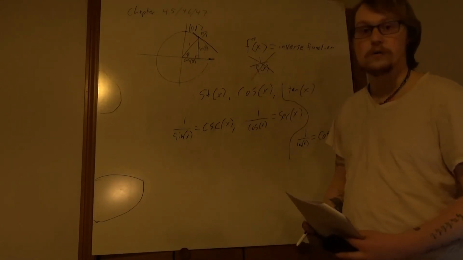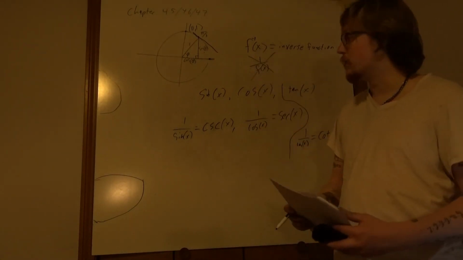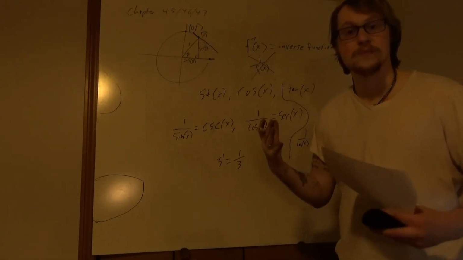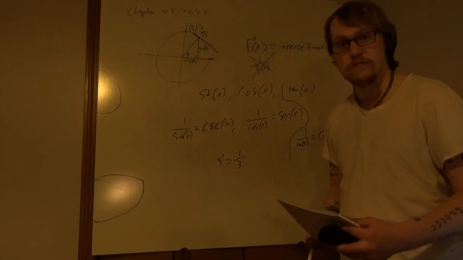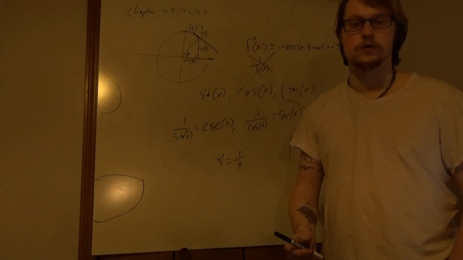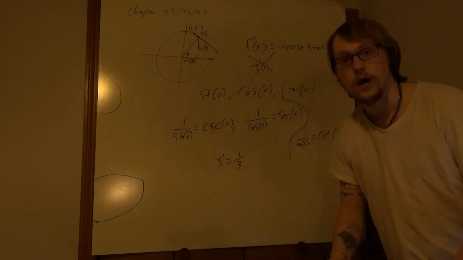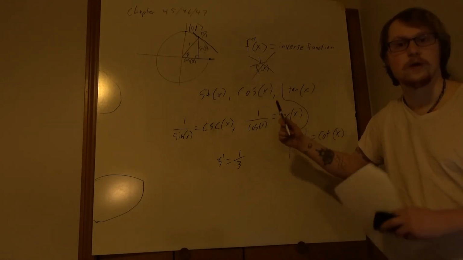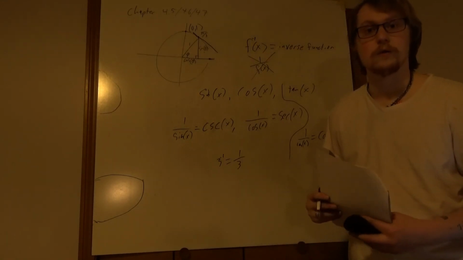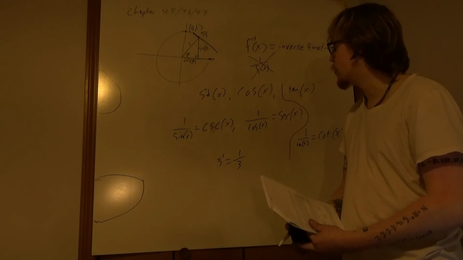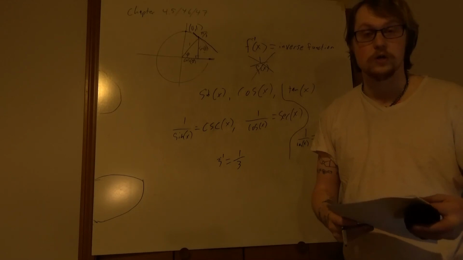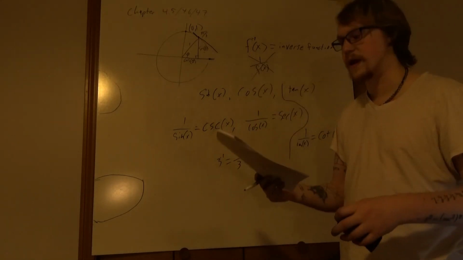I understand that 3 to the negative first is 1 over 3, but that's because it's a number, not a function. The convention is to say function raised to the negative first is the inverse function, not the reciprocal. So rather than constantly fighting with the notation when I want to refer to the reciprocal, mathematicians just came up with 3 new words for the reciprocals so that we can maintain that sine to the negative first or cosine to the negative first represent their inverse functions, which is what we'll tackle on the next set of notes.